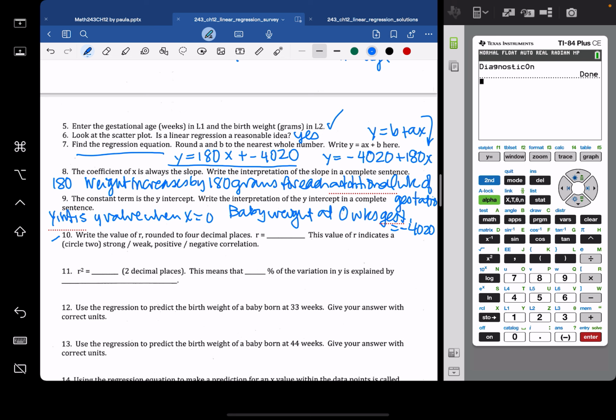Cool, now it's on. So if I go through and do my stat calc linreg process again, I've already stored the regression equation, so I won't bother with that this time, and I'll just hit calculate. This time it actually tells me the r and r squared values. So r, I'm going to keep 4 decimal places, is 0.8175.